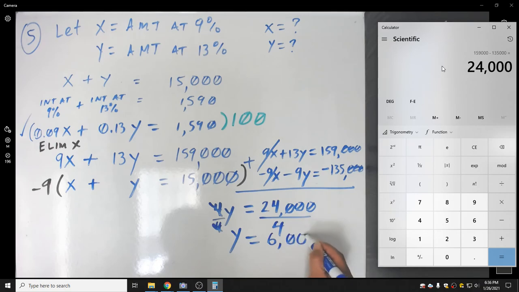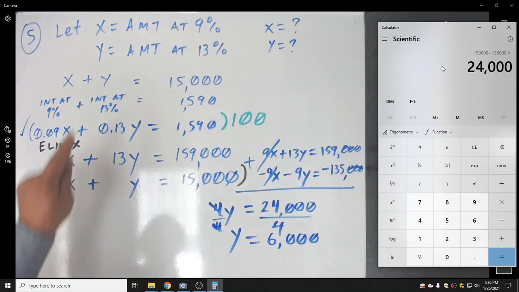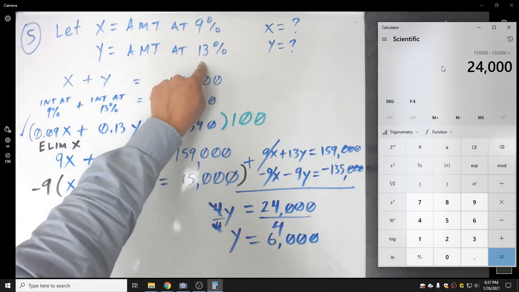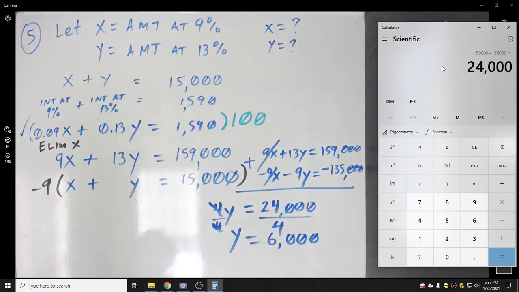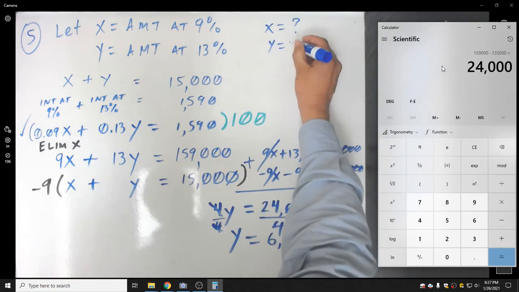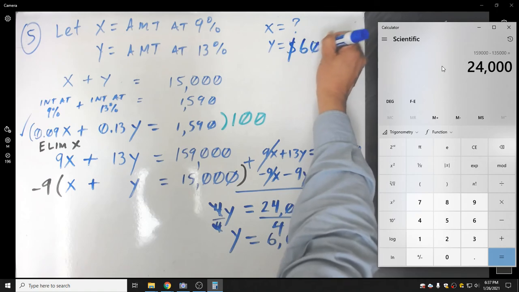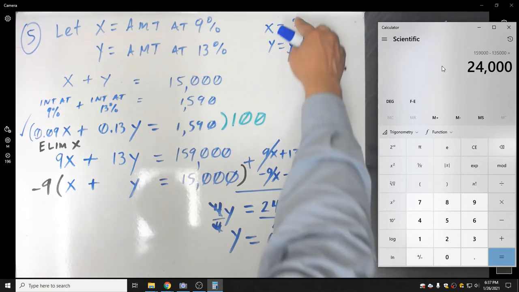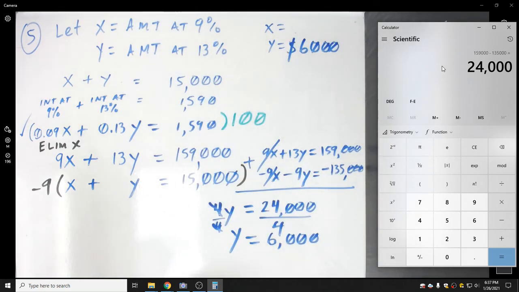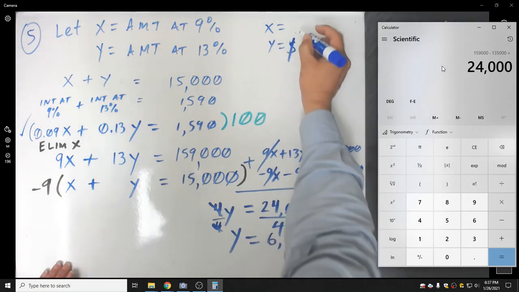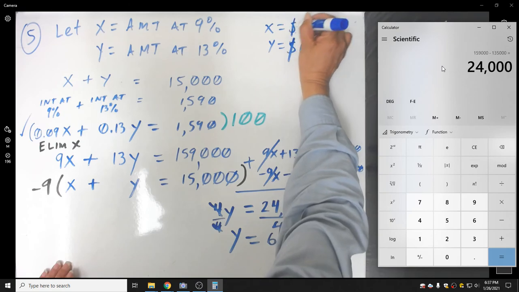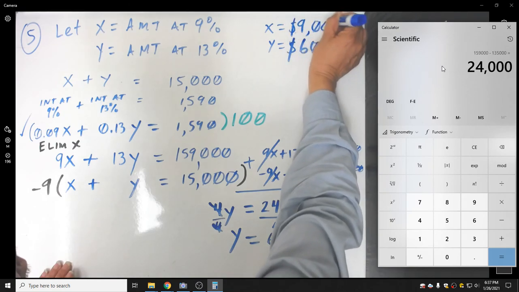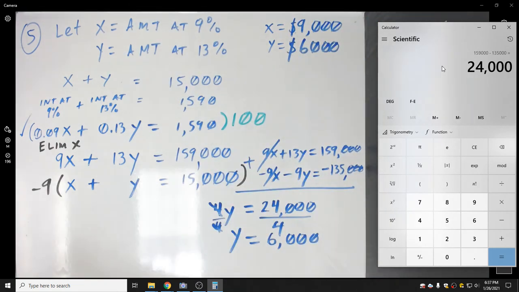Okay, so now we just found out that the amount invested at 13% was $6,000. And it is not difficult to figure that then the other amount has to be $9,000, because when you add them together, you should get $15,000. Okay, so let's put this in and see how well we did.